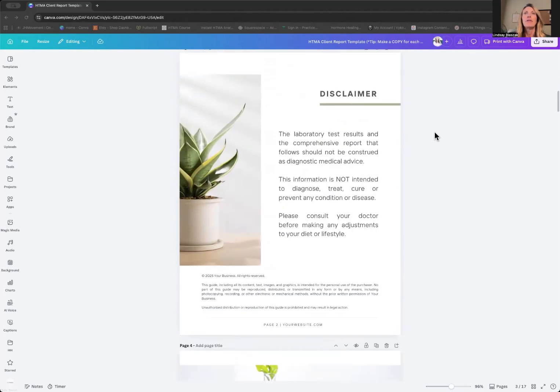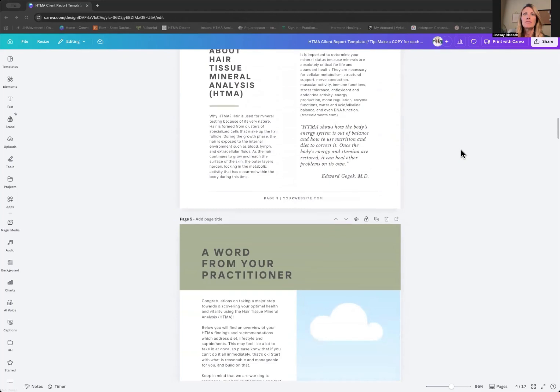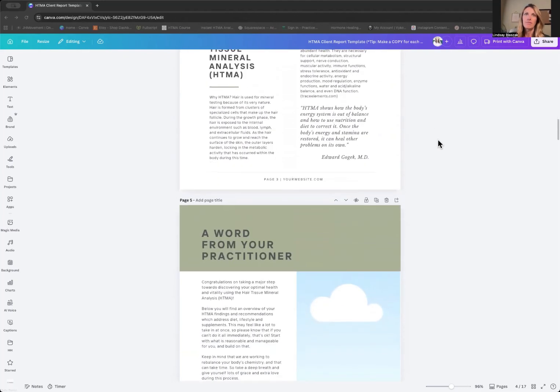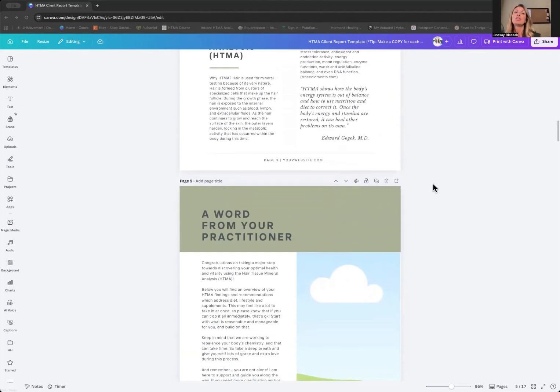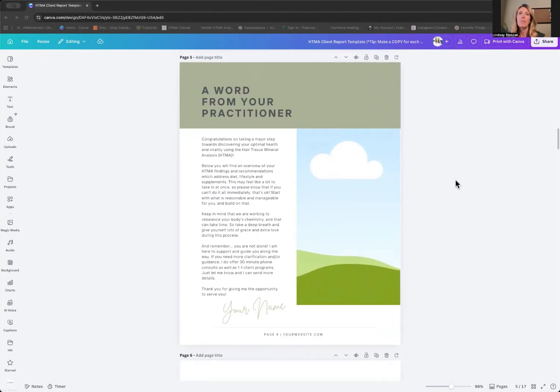I always have the basics covered in the beginning: disclaimers, just a little overview again of hair tissue mineral analysis, just to orient them. Obviously, they know what they signed up for, but it's just nice to have that in there, I feel.